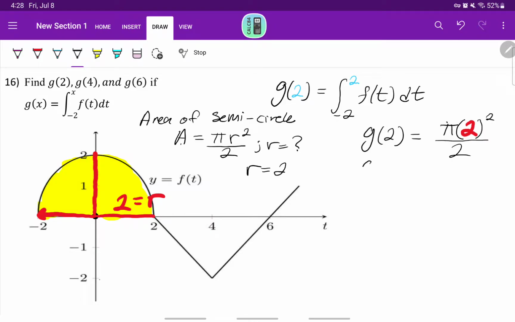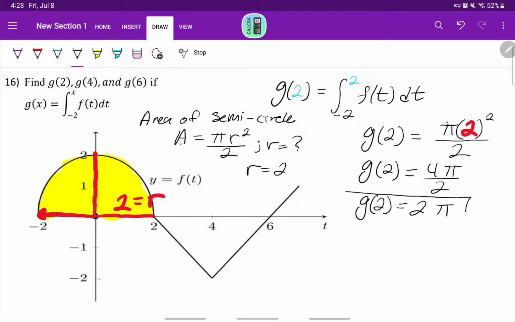And when you do the math, g of 2 is equal to 4 pi over 2. g of 2 is equal to 2 pi. Let's remember this for your exam, if it is on your exam.